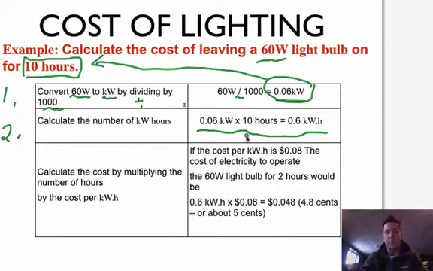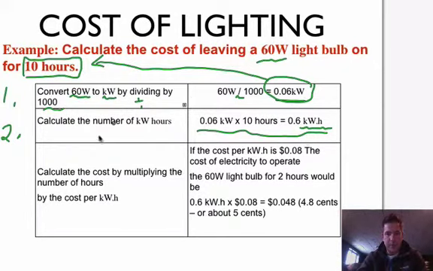So 0.06 kilowatts times 10 hours is going to be 0.6 kilowatt hours. Notice I always include the numerical value at the end, but also what those values are. I've multiplied kilowatts and hours, and I get kilowatt hours.